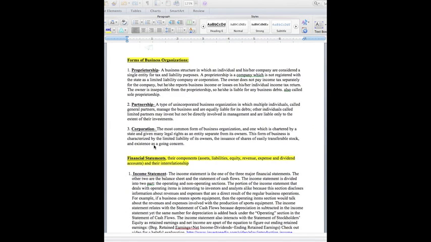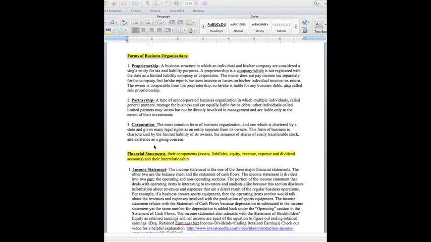The owner is completely liable, as you can see from the definition, and if anything happens, it's all on them. Another way to think of it is a sole proprietorship. It's the most simple and the most debt-heavy type of organization that you could possibly start up.